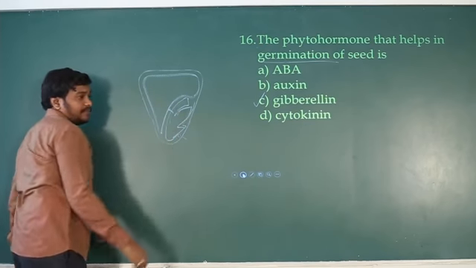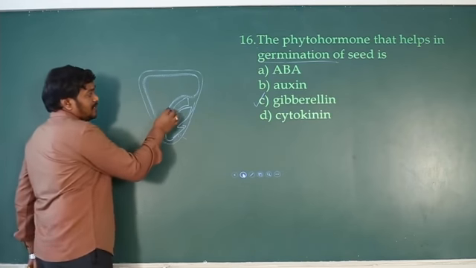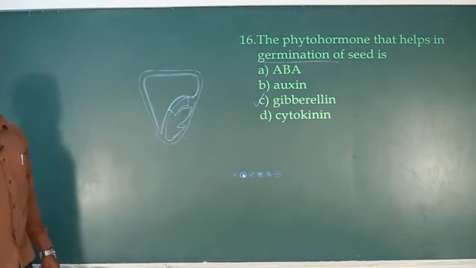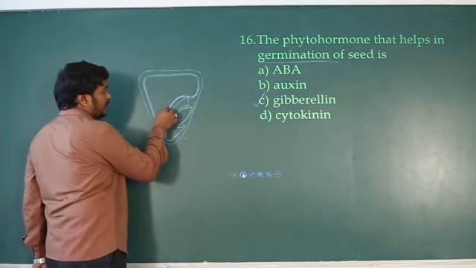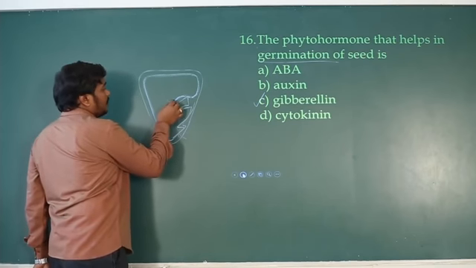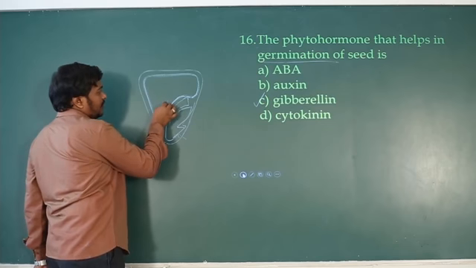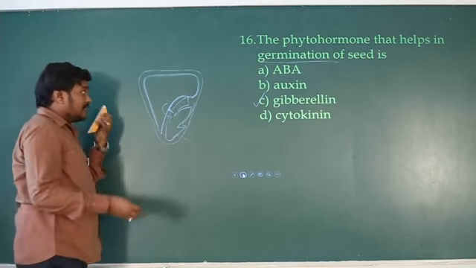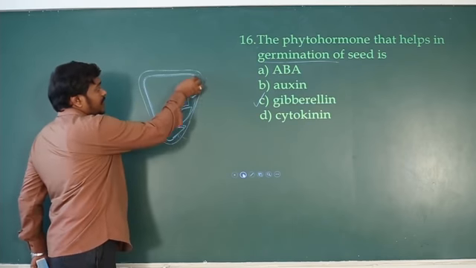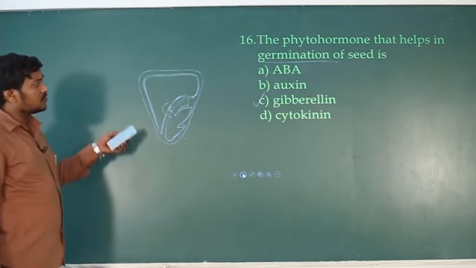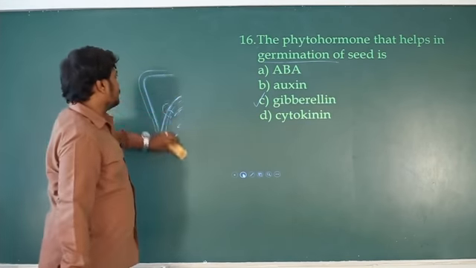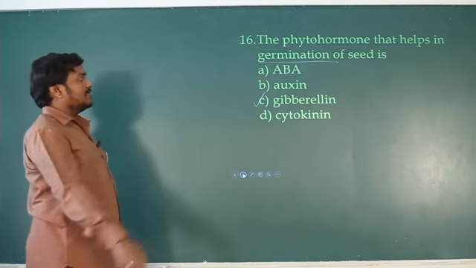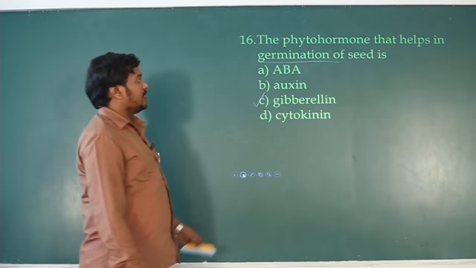That gibberellic acid degrades the abscisic acid and the aleurone layer protein. The protein is broken down into amino acids, which are involved in metabolism. That metabolism produces the enzyme, and that enzyme helps in germination of the seed. So this is how gibberellic acid influences seed germination. So it is gibberellin.